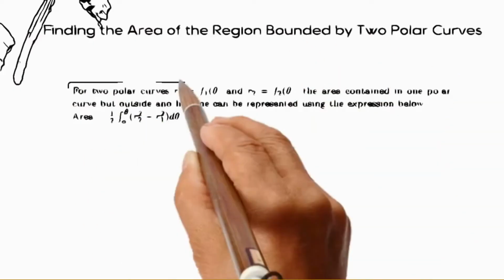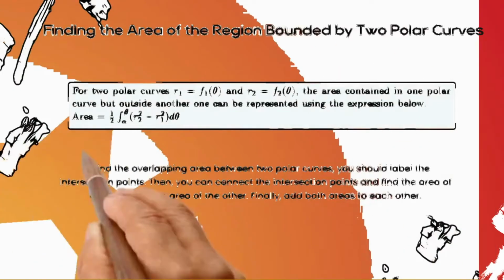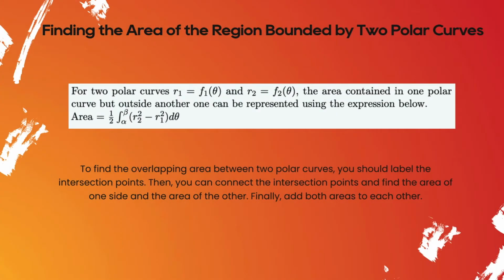Now, finding the area of the region bounded by two polar curves. This is very important. Now you'll be working with two polar curves. If you want to find the area that is contained in one polar curve but outside another one, this is represented using the formula 1/2 times the integral from alpha to beta of one of the functions squared minus the other function squared with respect to theta.